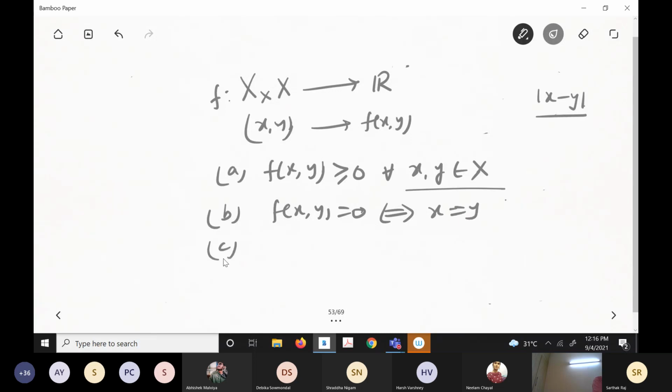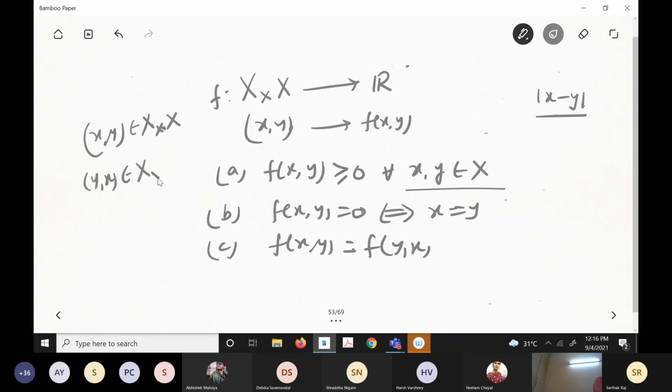C: f(x,y) equals f(y,x) for all x, y belonging to X. Since it is X cross X, x belongs to X and y belongs to X, so this makes sense since I have the same set X. D: I can put this here, or if I write R plus, that is the range.